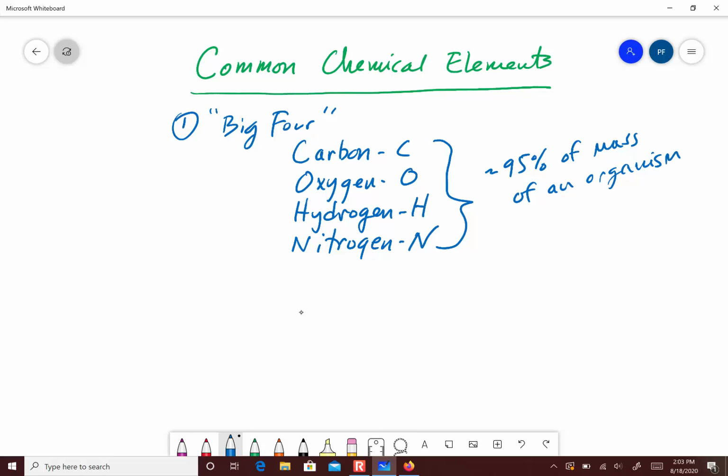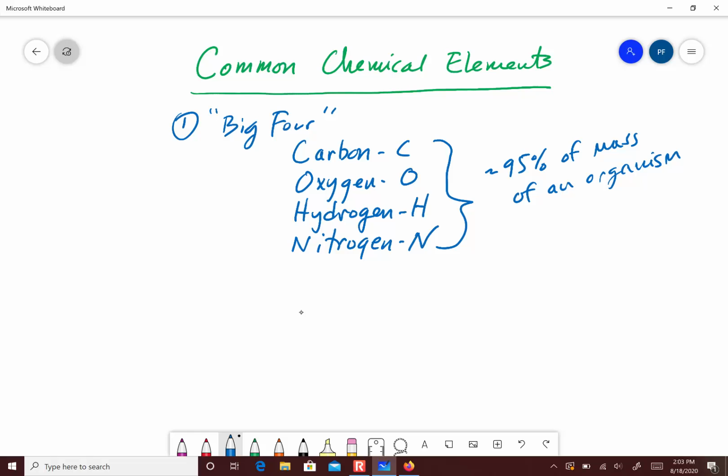So when we think about, for this case anyway, and I know this isn't accurate, but for this case, just think mass as weight. Okay, so when you think about how much your dog or your cat weighs or how much you weigh, when you think of that stuff and you say, well, what causes me to weigh this much? You think of things like muscle and fat and bone and those kinds of things.